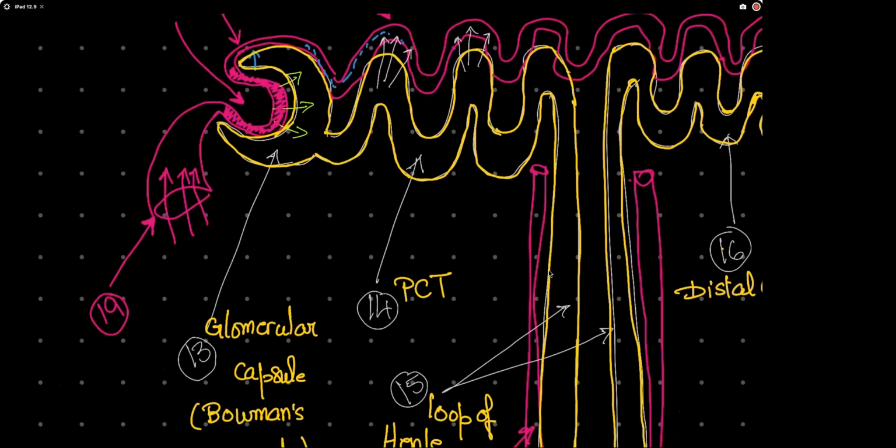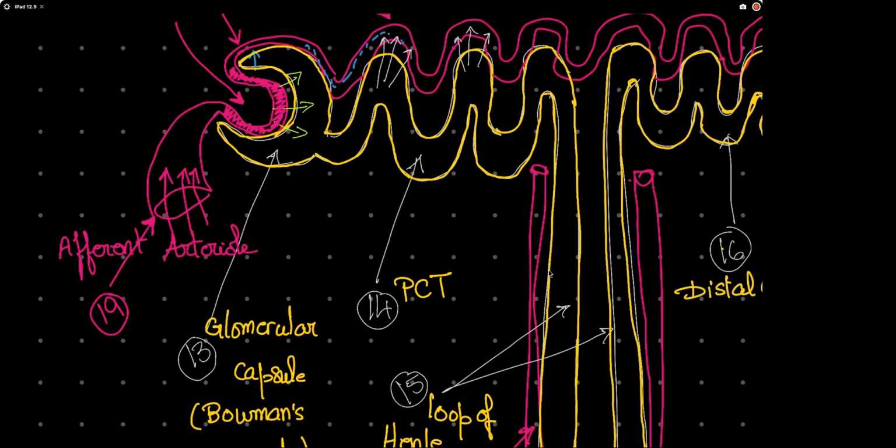This is my afferent arteriole. The one bringing the blood in is the afferent arteriole.